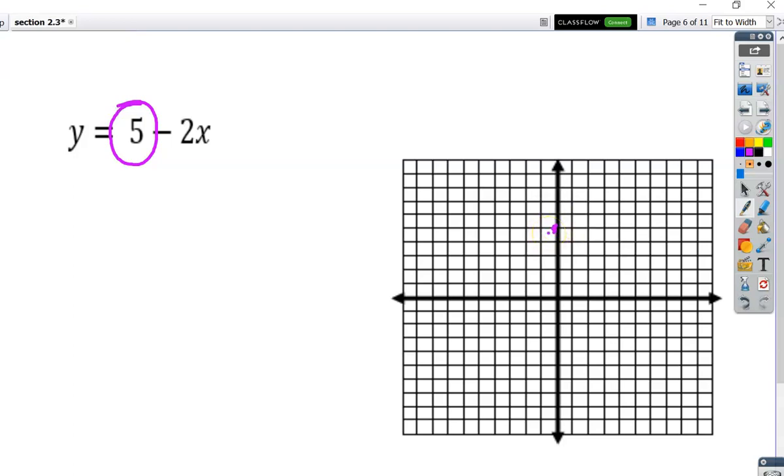And again, it doesn't really look like we have anything for how far over we should go. But if you ever have an integer, it's always that integer over 1. So we're going to go down 2 spaces and to the right 1. And from our y-intercept, we could also go up 2 spaces and to the left 1.